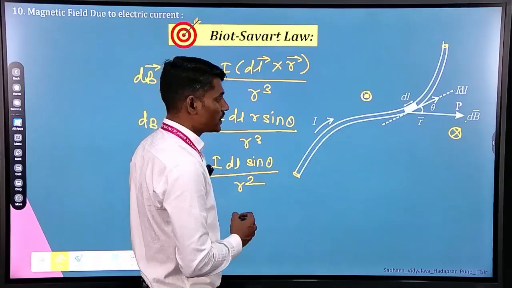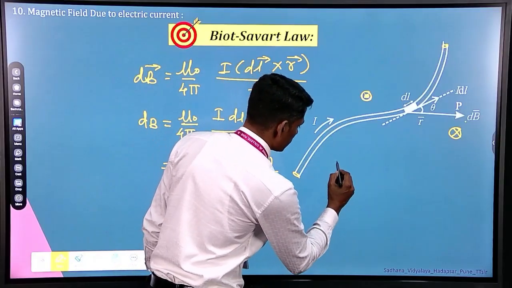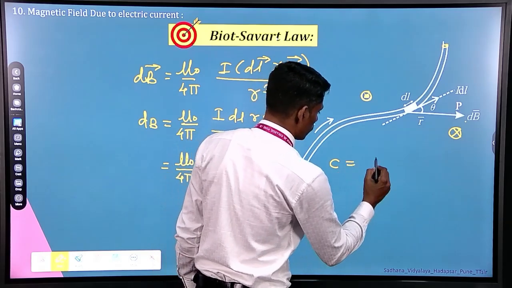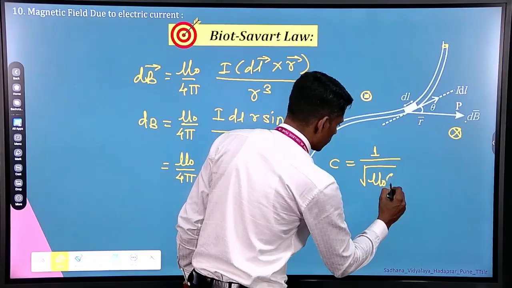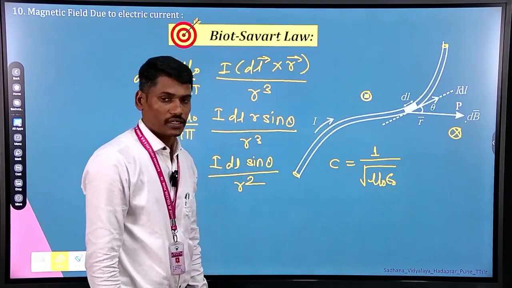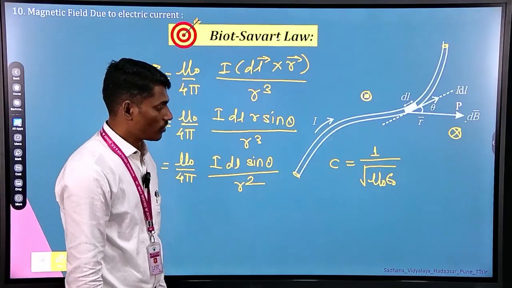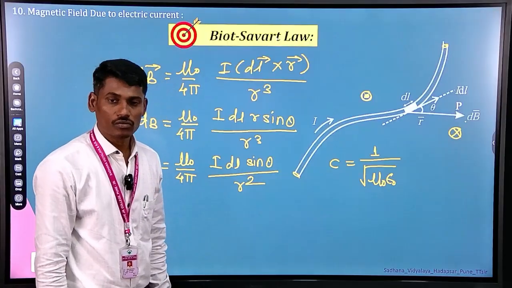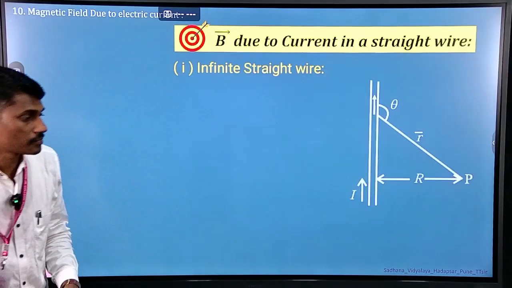Suppose c is the velocity of light in air, then we get the relation c is equal to 1 upon under root of mu naught into epsilon naught, right? Remember this relation, c is equal to 1 upon square root of epsilon naught into mu naught.